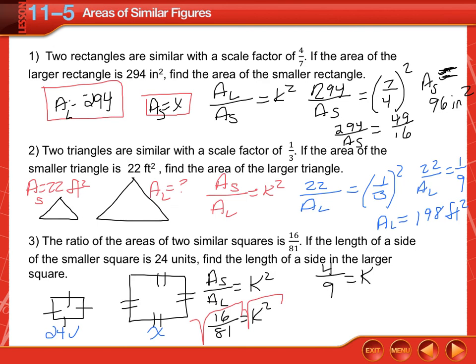So now we can use that k to solve our unknown side. Now I've got the smaller unit here on top, and I've got the smaller units here, so I think we're okay. I'm going to say 4/9 equals, and the smaller side is 24, and the larger side is x. If we cross multiply and solve, we get x equals 54 units long.